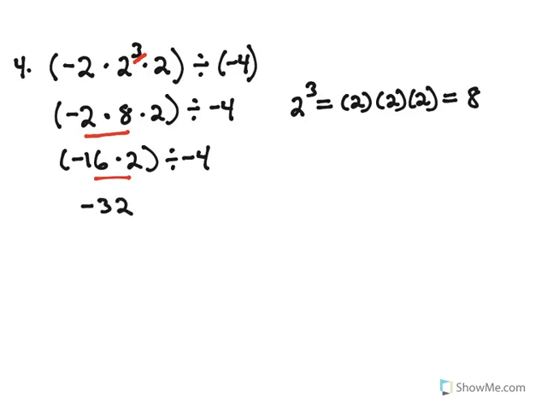We don't need the parentheses because we performed the operation of multiplication. And you can write this as negative 32 divided by negative 4. Remember, a negative and a negative is a positive. And this is going to be a positive 8. So positive 8 is your final answer for that one.